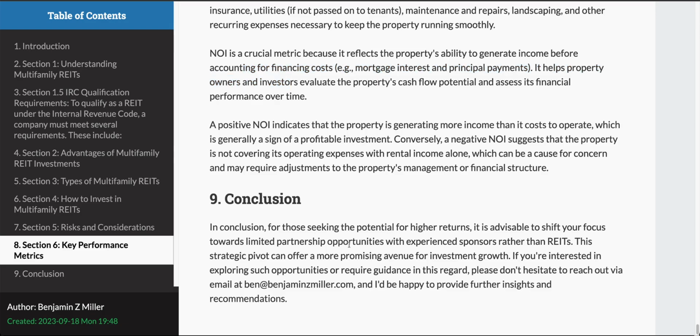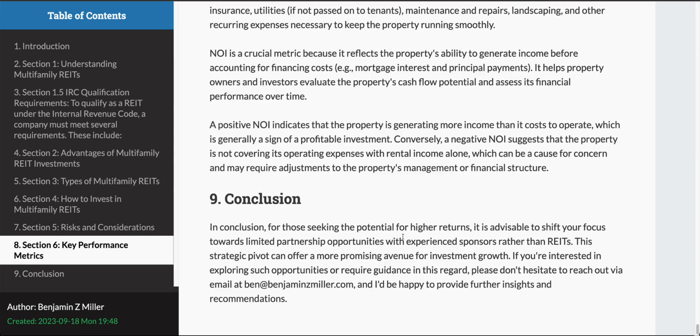So in conclusion, if you're looking at REITs and you're thinking about REITs, it is advisable to shift your focus, or at least to learn more about limited partnership interests before you just jump on the computer and buy a REIT because you found a stock symbol and, well, it was easy. You may be costing yourself a lot of money if you take the easy route. Wouldn't it make sense to explore what's available?